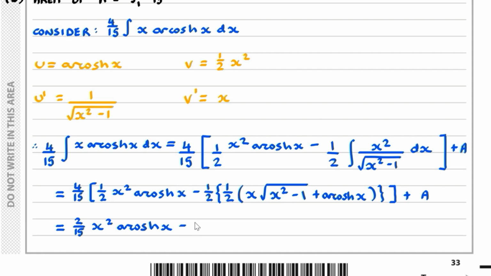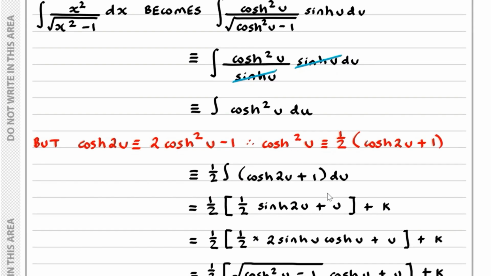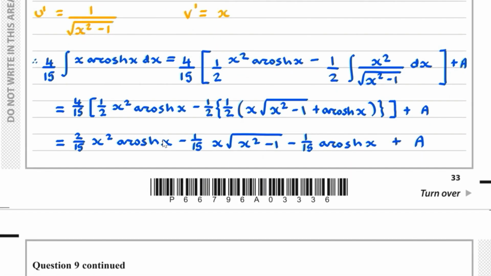So that's minus 1 over 15 times by x squared minus 1 square rooted. And then here we've got half times by this times by another half, and don't forget we've got the minus, so we subtract then 1 over 15 times by the inverse hyperbolic cosine of x, and then we add on some constant of integration as we see here. Now our limits are 1 and 3.